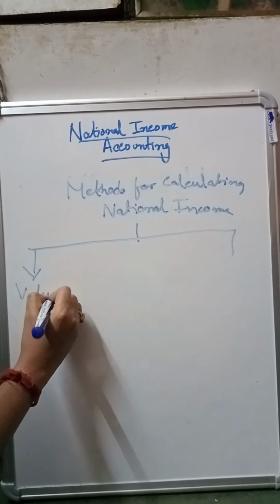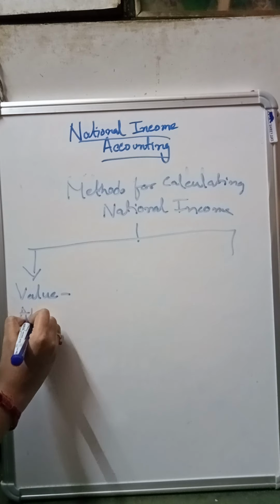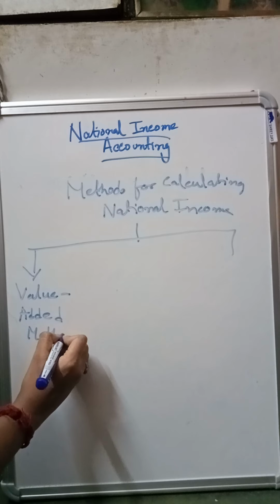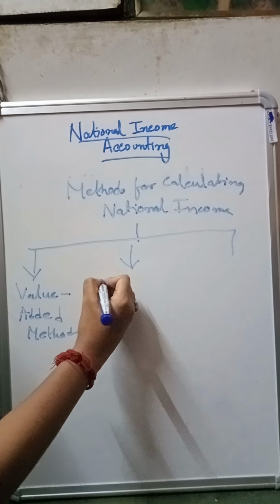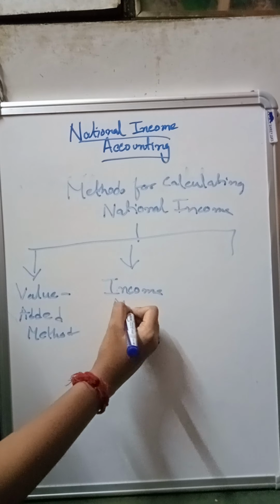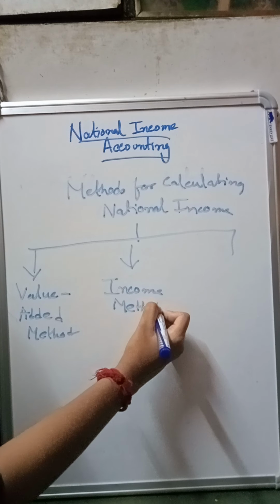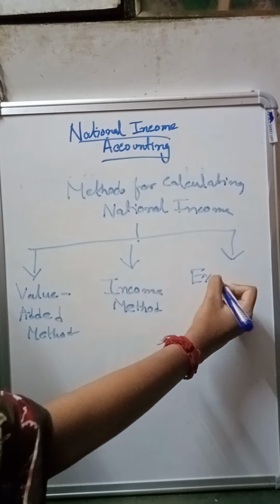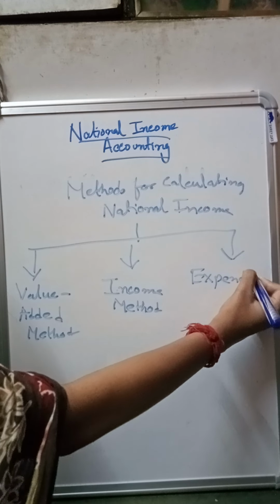So the first one is the value added method. The second one is the income method, and the third one is the expenditure method.